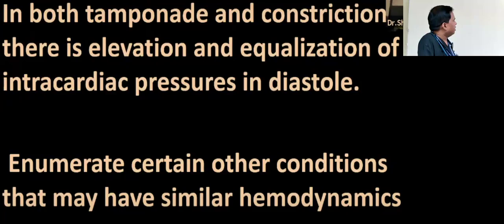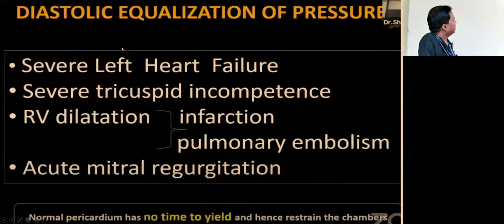There are other conditions which can have similar hemodynamics, diastolic equalization of pressures, where the normal pericardium doesn't have time to yield and hence restrains the chambers. So in severe left heart failure, acute decompensated heart failure, severe TR, RVMI, acute pulmonary embolism, and acute mitral regurgitation, you can have diastolic equalization of pressures, and they can mimic constriction.